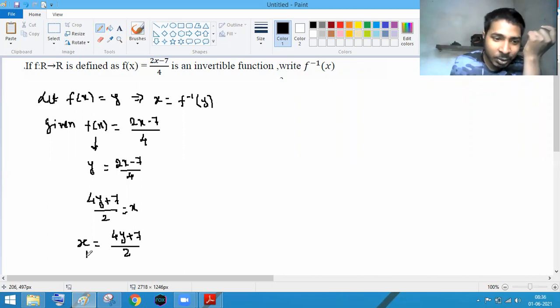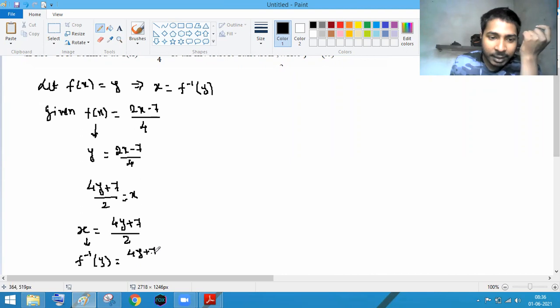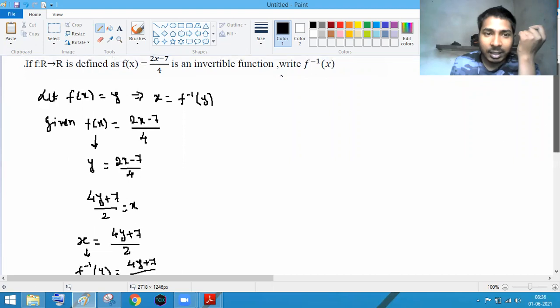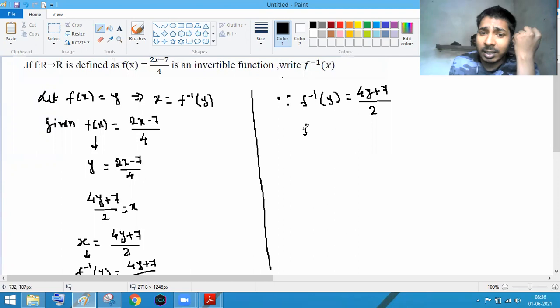So can we put x equal to f inverse y equal to (4y plus 7) divided by 2. Now since we have f inverse y equal to (4y plus 7) divided by 2, what will be f inverse x? If you replace y by x, you will get (4x plus 7) by 2.